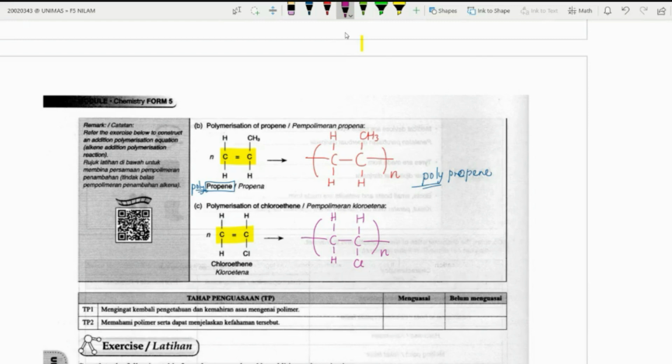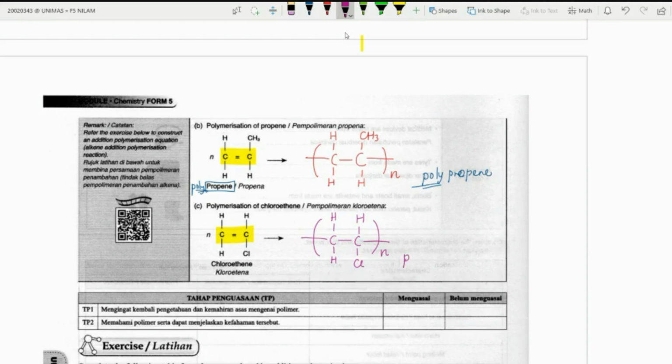Anybody know what is the name for this polymer class? Chloroethene. Actually, we can write polychloroethene, but normally we don't write that.